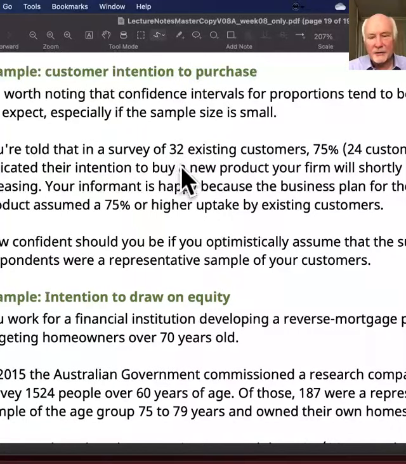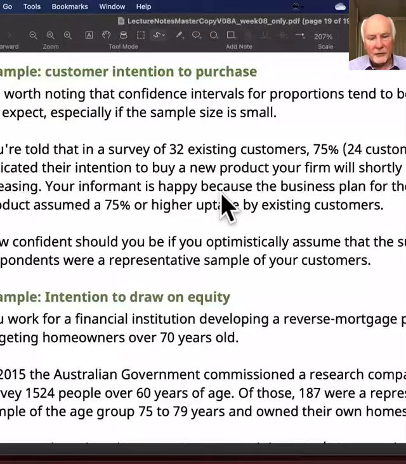Somebody comes to you and they've done some sort of survey. It's not a very big response rate, and they start quoting proportions. A really important thing to know about proportions is that the confidence intervals tend to be quite a bit wider than you might expect, especially if you're just used to doing t-tests or our median test and getting confidence intervals for means or medians. Proportions tend to, particularly with small sample sizes, come up with very wide confidence intervals.